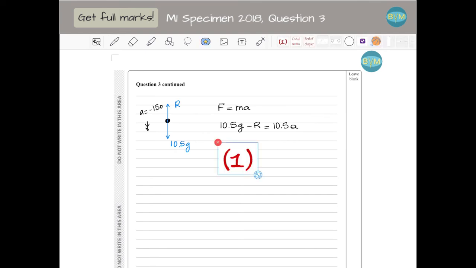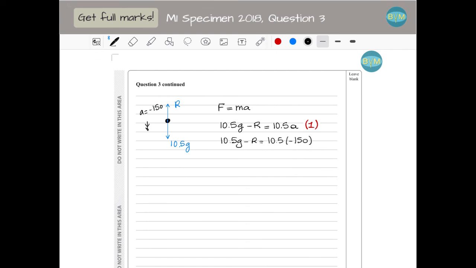To use this equation, you have 1 mark. And then we substitute, the only thing that we are missing is the acceleration. So 10.5 g minus R is 10.5 times acceleration, minus 150. And from here, we find that R is 1,680 newtons. You have 2 marks here.